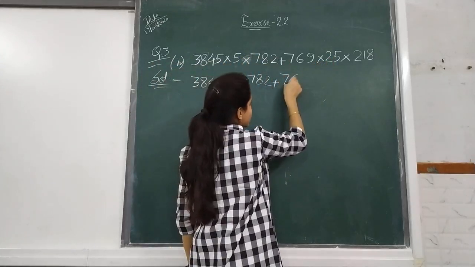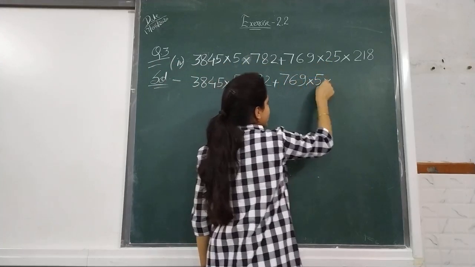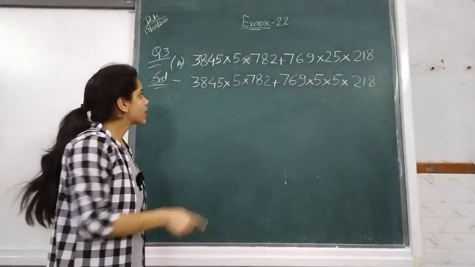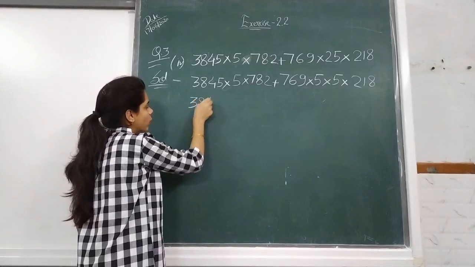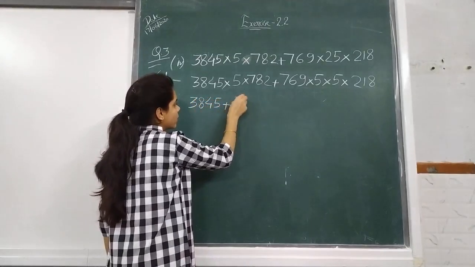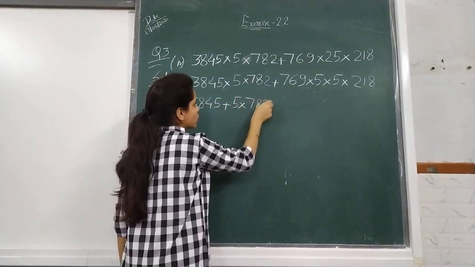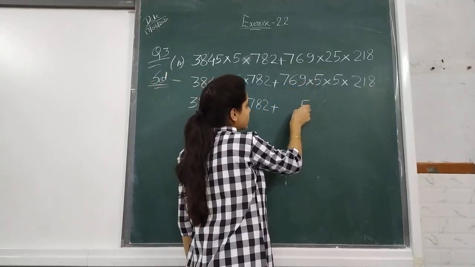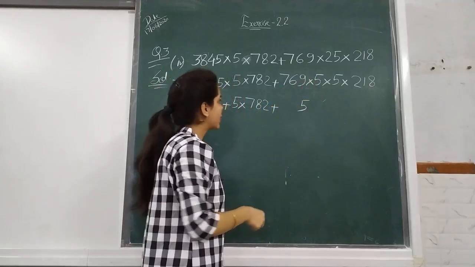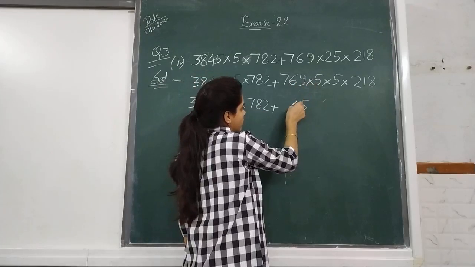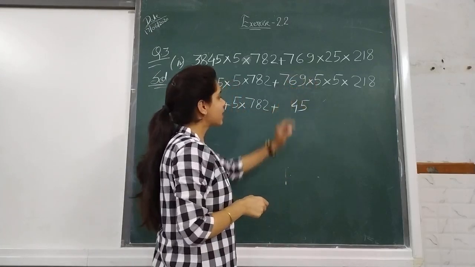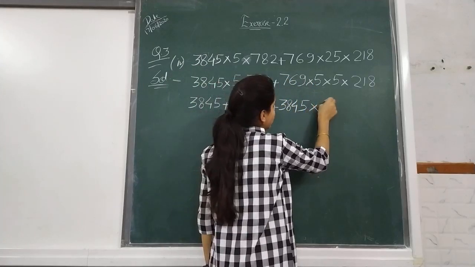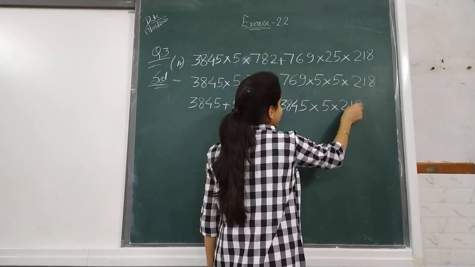So plus 769 into 5 into 5 into 218. Understood? Now 3845 plus 5 into 782, we will multiply this. 5 9s are 45, 4 carry, 5 6s are 30 plus 4 will come, and 5 7s are 35 and 38, into 5 into 218.